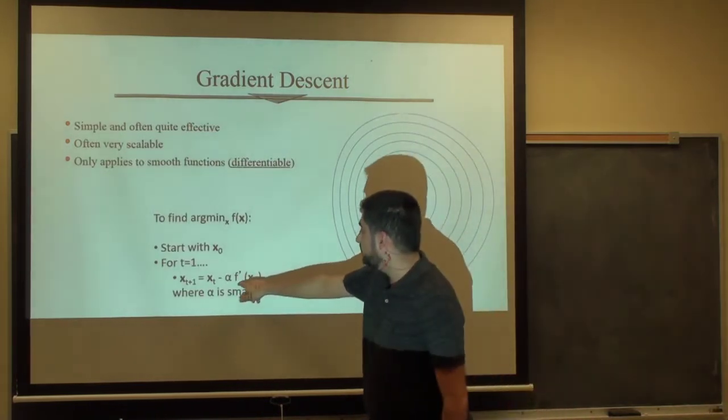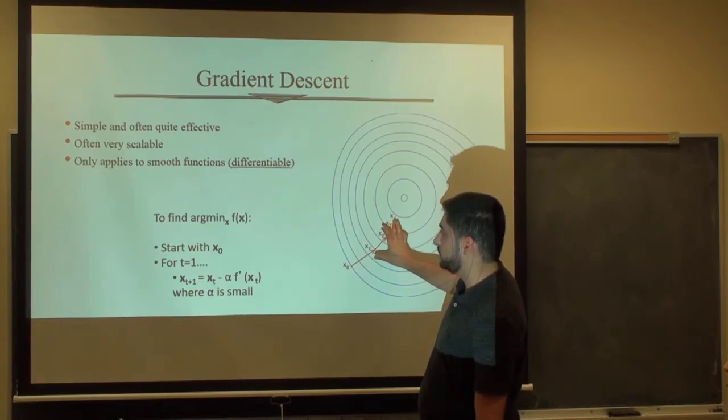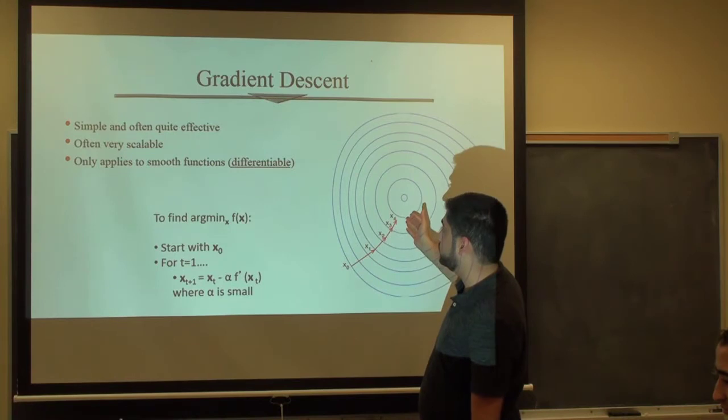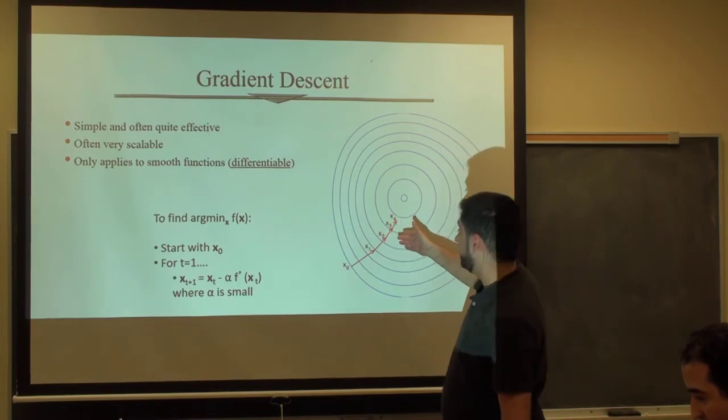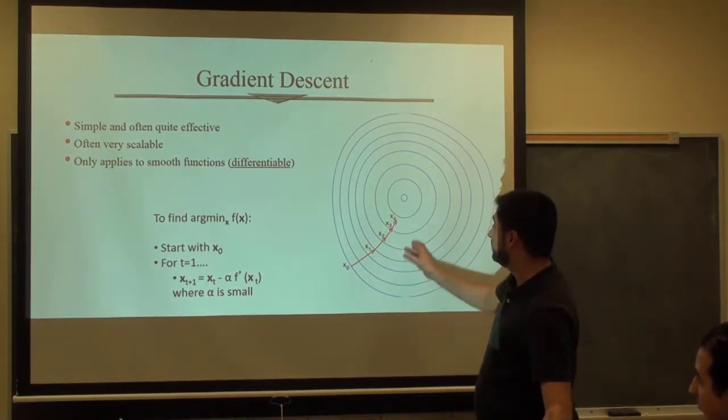This is based on the derivative, so we have to use a differentiable function for gradient descent. The advantage is, first, it's very easy to implement and it's scalable, and you can find the minimum value effectively.